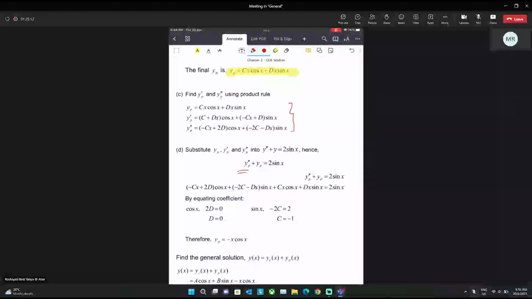Substitute. We use YP double prime plus YP equal to sin x. So this becomes like this. And then you need to use equating coefficient.